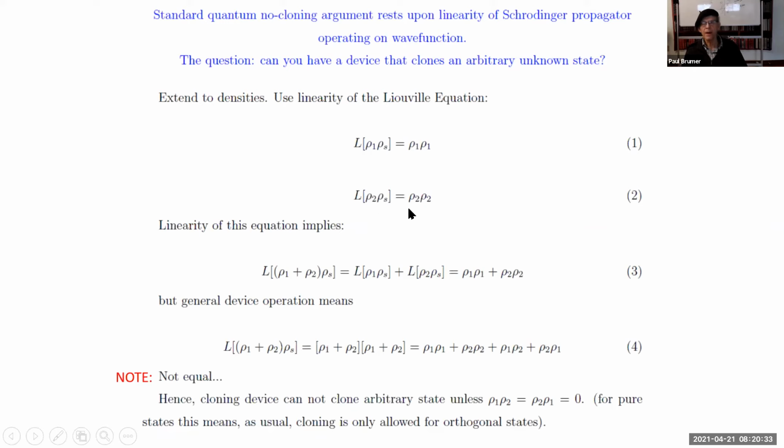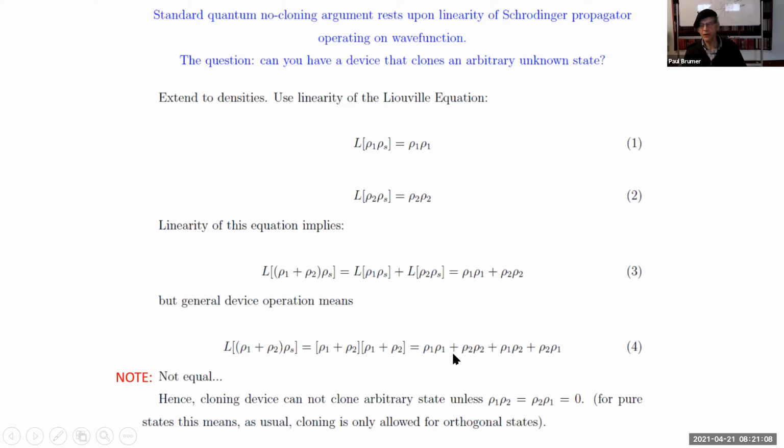And so the linearity of this equation implies the following: if I take ρ1 plus ρ2, then it should make Lρ1ρS plus Lρ2ρS, which is, according to this, ρ1ρ1 plus ρ2ρ2. But if this is a general device, then if I put in ρ1 plus ρ2, it should produce ρ1 plus ρ2 and the copy ρ1 plus ρ2.